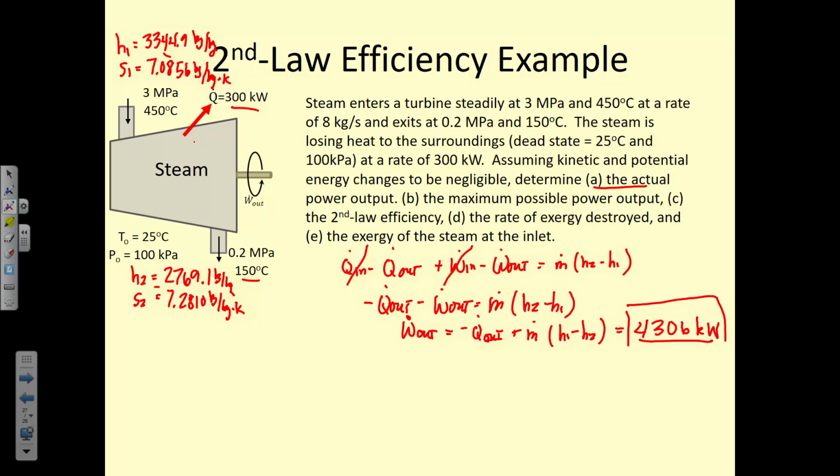Okay, so what we want to find now is the maximum potential work that could be generated using this turbine. So now, instead of an energy balance, we perform an exergy balance. We have X dot in minus X dot out minus X dot destroyed is equal to dX/dt.